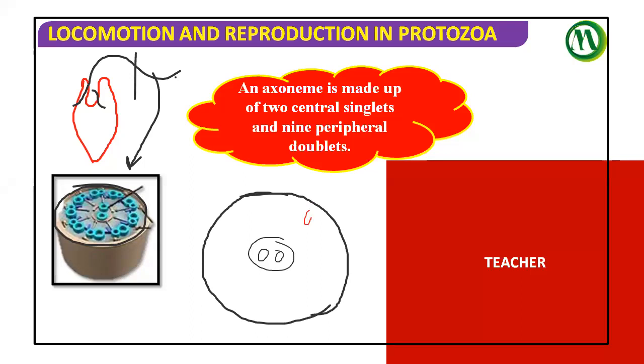I am going to draw the microtubular doublets for you. By location we say they are peripheral, because they are located in the periphery.